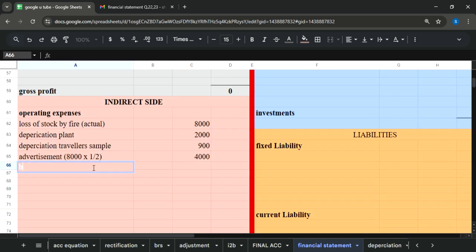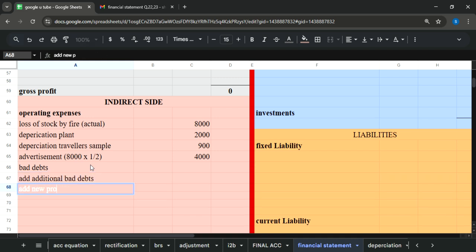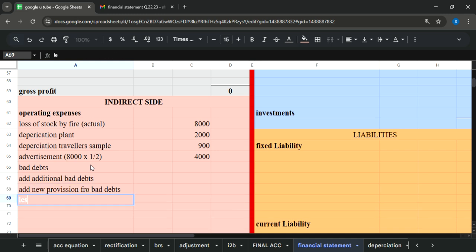What was that? First you will write bad debts, then you will add additional bad debts, then you will add new provision for bad debts, and then you will subtract old provision for bad debts. Just I'm going to write this.